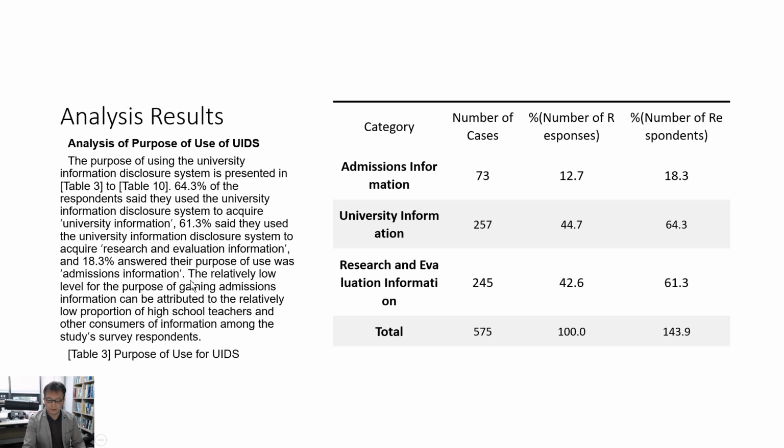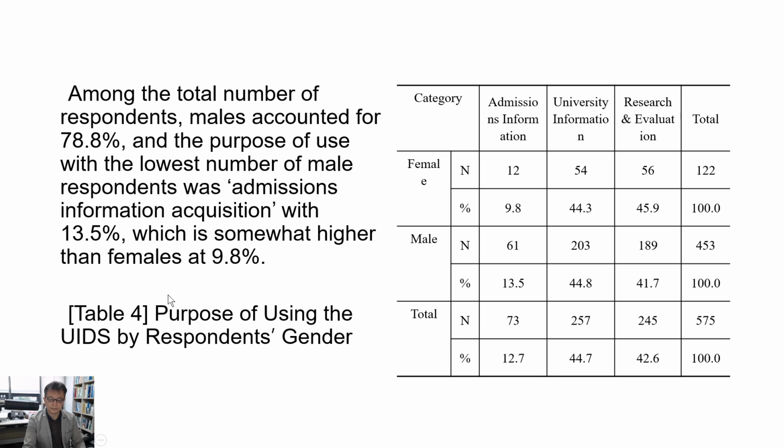The relatively low level for the purpose of gaining admission information can be attributed to the relatively low proportion of high school teachers and other consumers of information among the study's survey respondents.